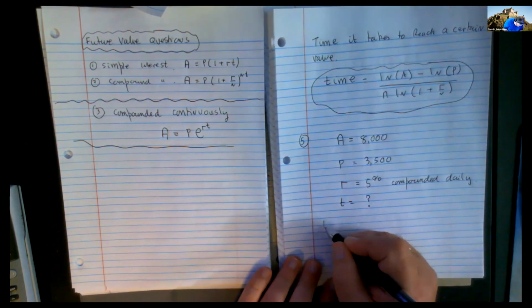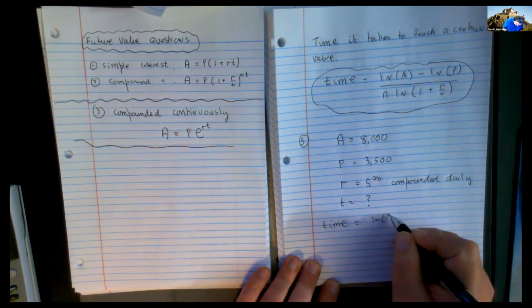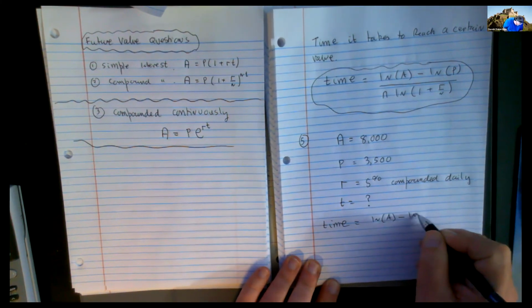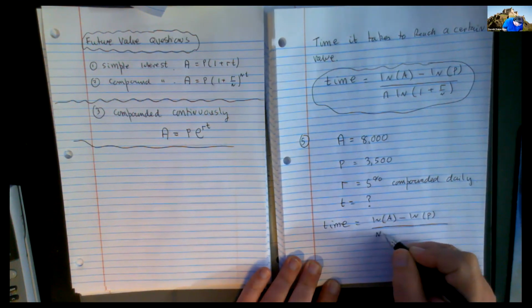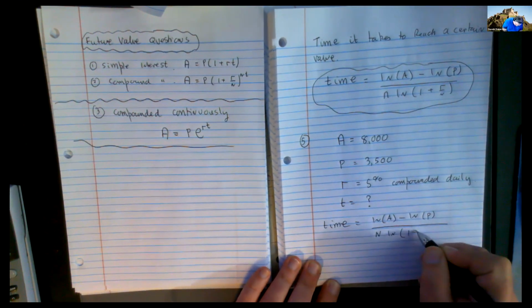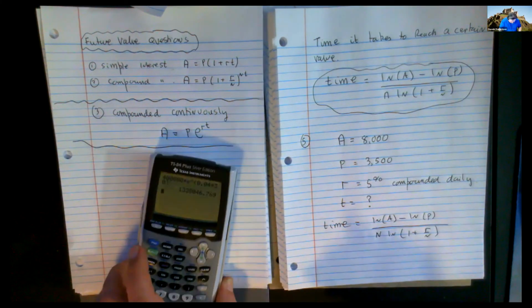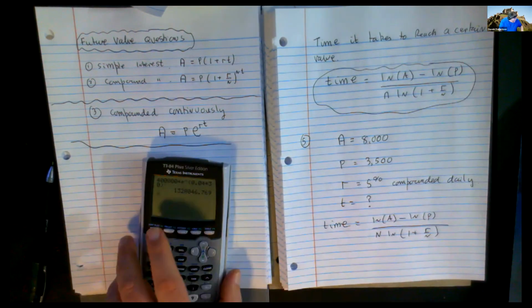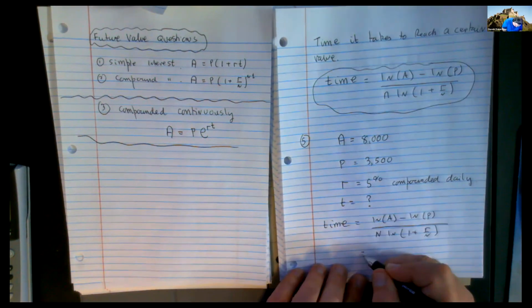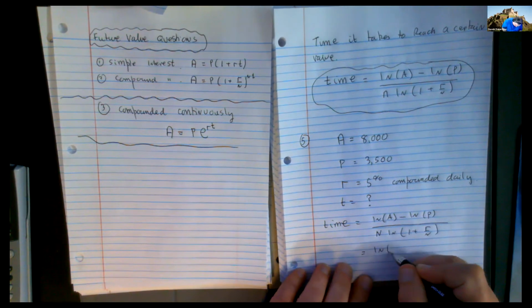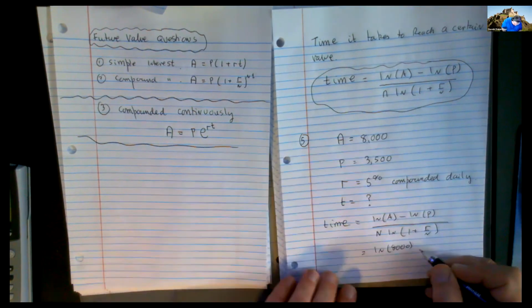Well, it's an ugly formula. It's the natural log of A, take away the natural log of P, divided by N times the natural log of 1 plus R over I. I'll put the numbers in. Natural log of 8,000, because that's what A is.